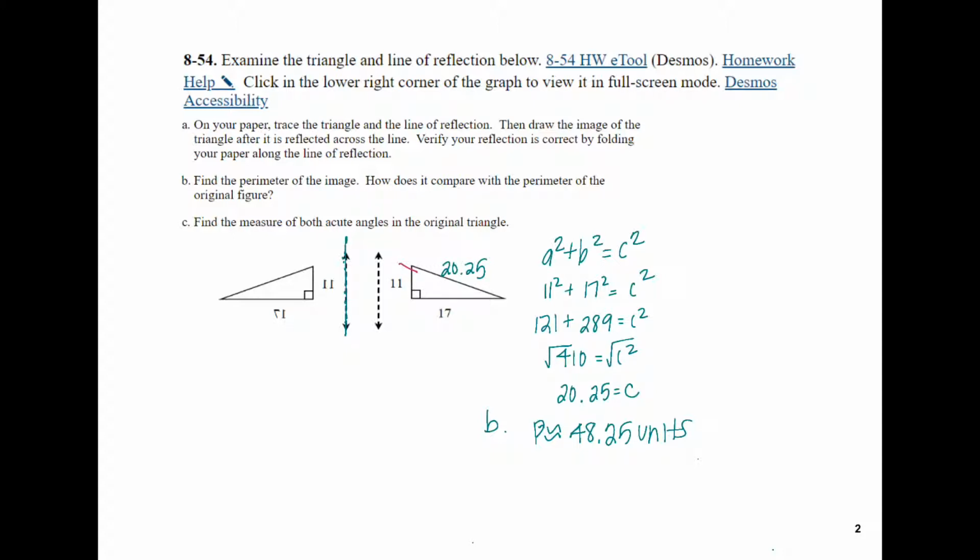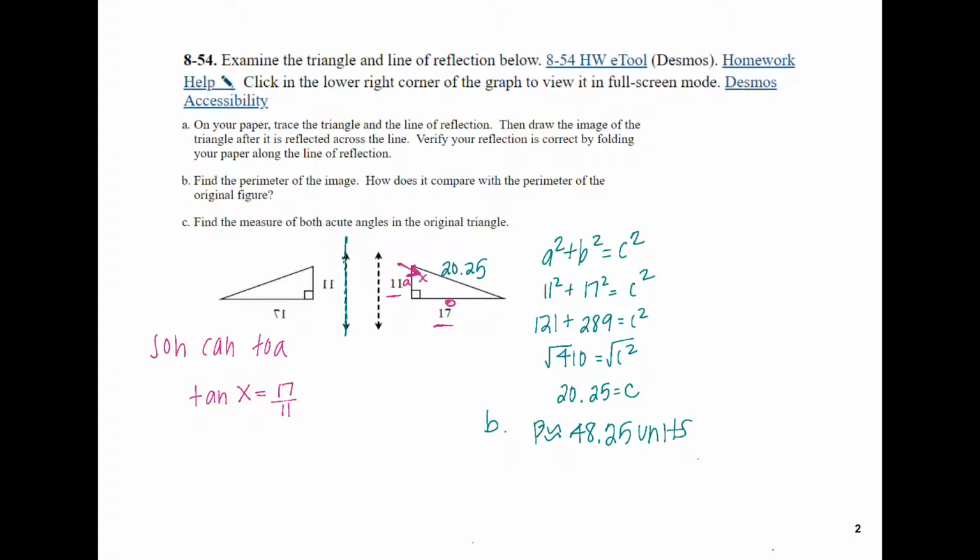So when we are looking for angles of a right triangle, we can use SOHCAHTOA. And we want to use the most accurate angle measures that they gave us. So if we talk about this first angle right here in the upper left-hand corner, I'm going to talk about my adjacent side and my opposite side. So I'm going to use the tangent of x, or our missing angle, is equal to 17 over 11.